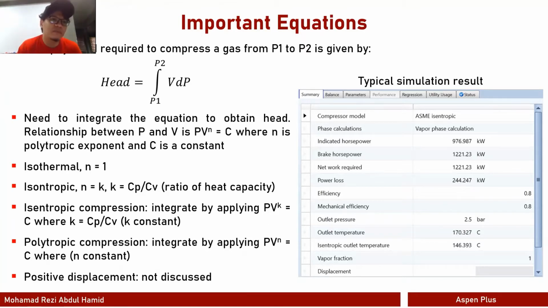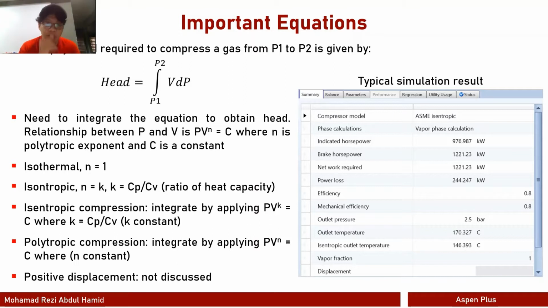And we all know that if you refer to the textbook, or even your supplier specification, they always say that the outlet temperature should oftentimes be less than 200 degrees Celsius. You can go ahead and check on the internet, or textbooks related to compressors, they should mention things like this. But I don't want to ramble a lot about this, because this is not the main point of this video anyway.